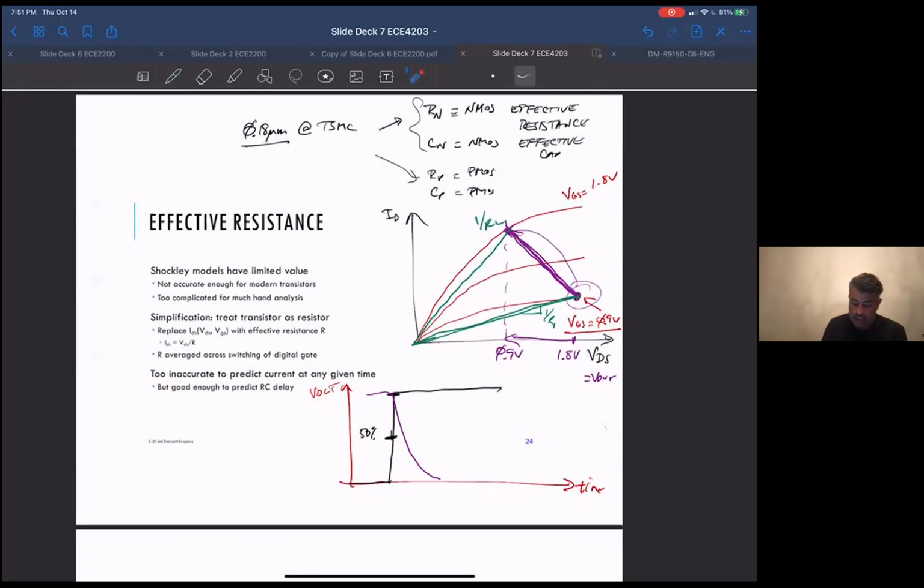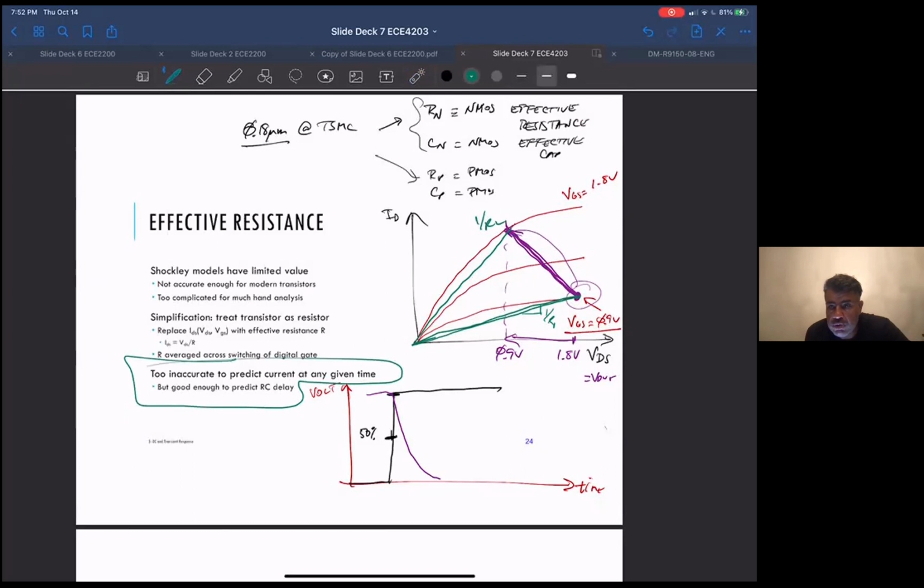So again, this is very inaccurate for estimating the actual values at any particular point in time, but it ends up being a pretty good value for hand calculations. So if we go back to the book, thankfully you guys don't have to do this.